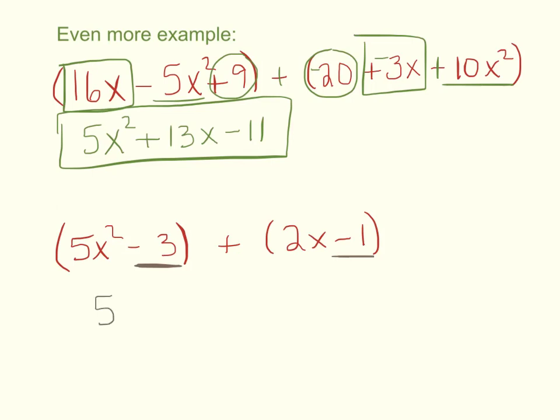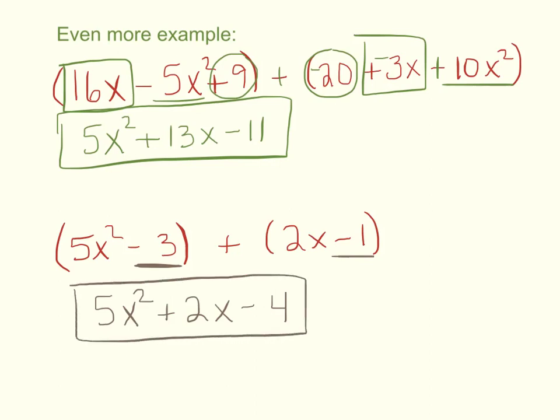So 5x squared. And then the 2x just comes down. So plus 2x. And then I combine my two like terms, negative 3 and negative 1, and I get negative 4. So my answer is 5x squared plus 2x minus 4.